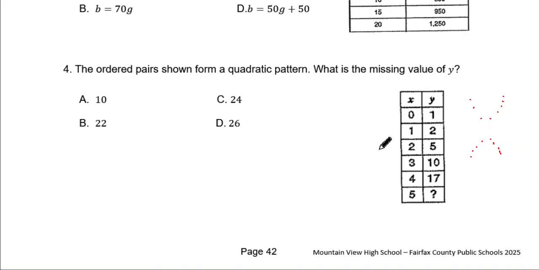Alright, so this is where I do need to go ahead and do a quadratic regression. This is something you do have to memorize. There's really no other way than to just memorize this.